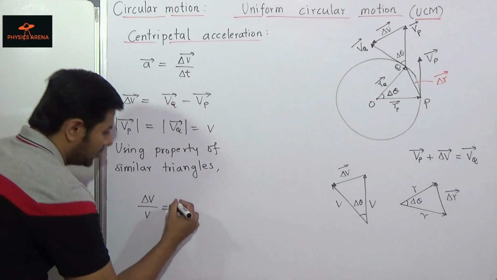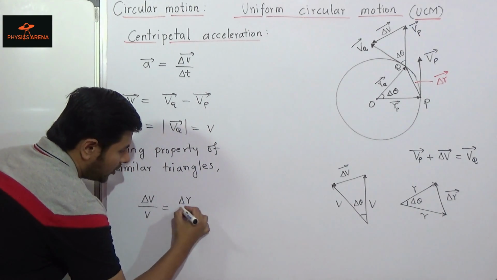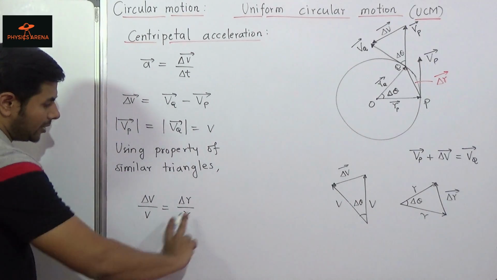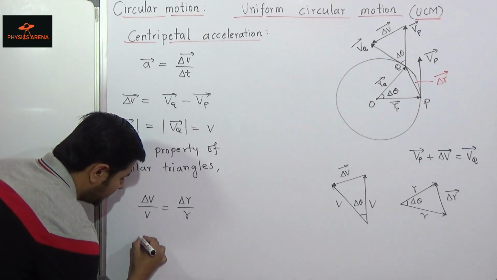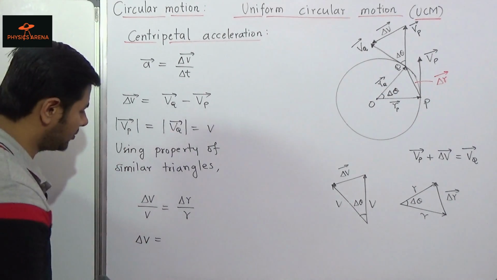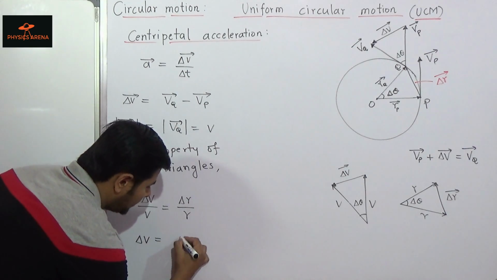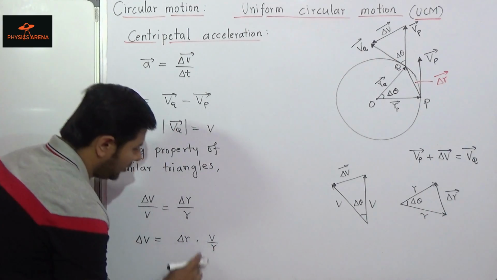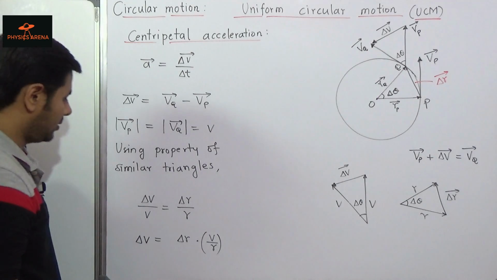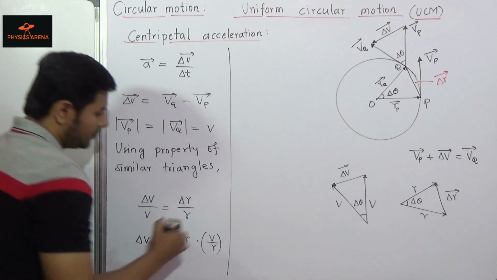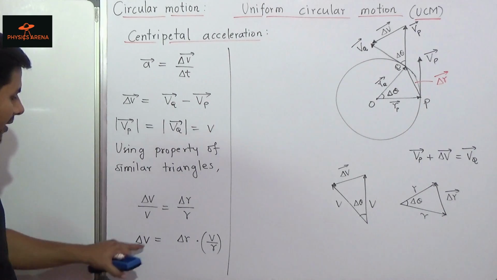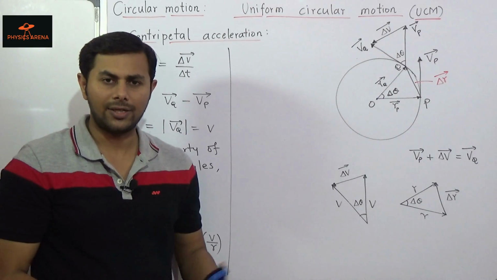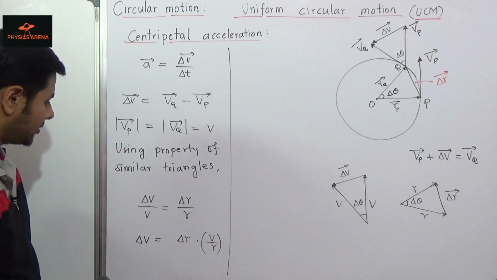So the ratio of lengths of corresponding sides is the same. Now I will take V on the other side. So I can rewrite this as delta V is equal to delta R multiplied by V, taken on the other side, so V divided by this R. And now our job is almost done. So we can divide both sides by delta t and take the limit as delta t tends to 0 to find out the acceleration.